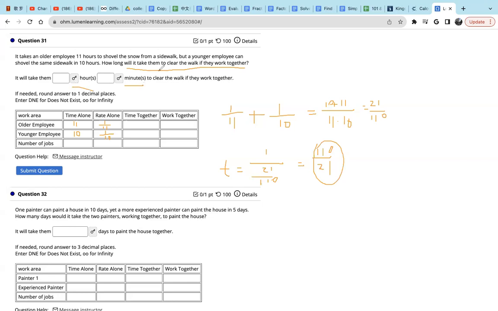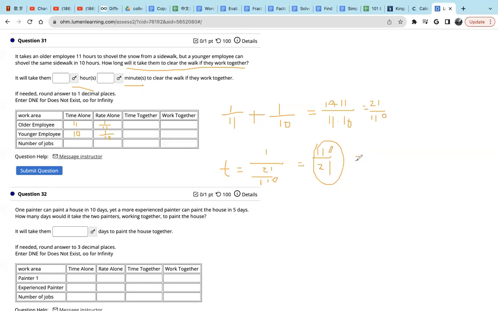Or let's do that. So 110 divided by 21. 21 goes into 110 5 times, right? That's 105.